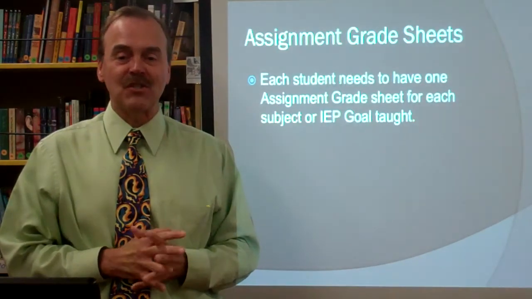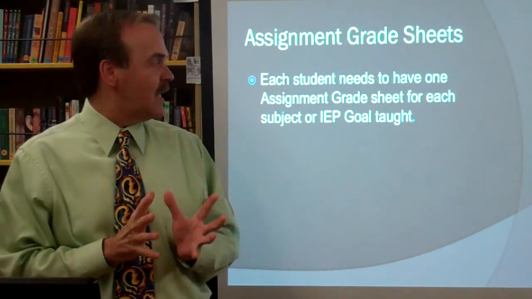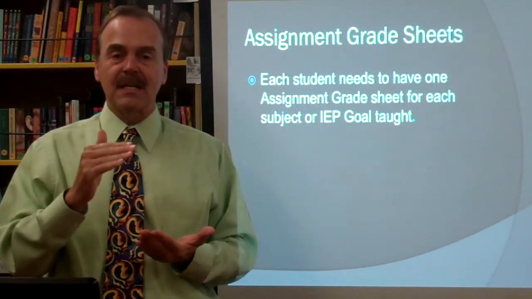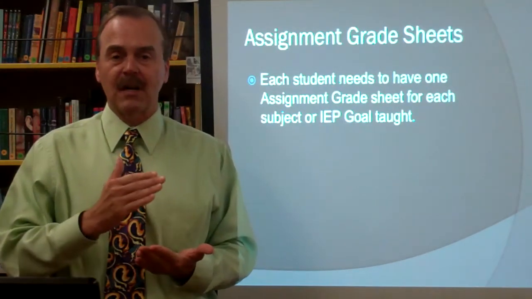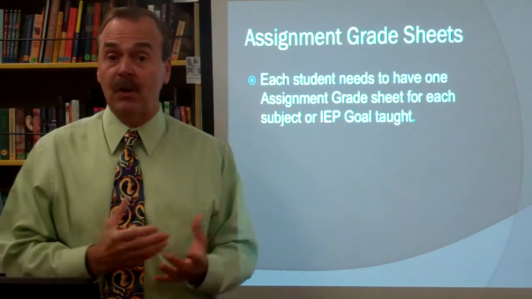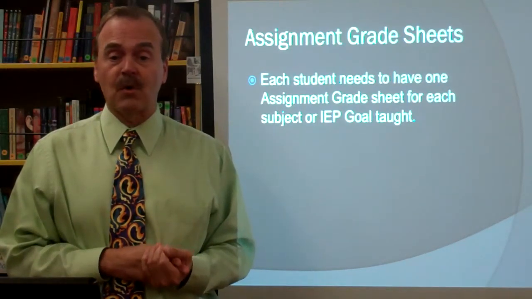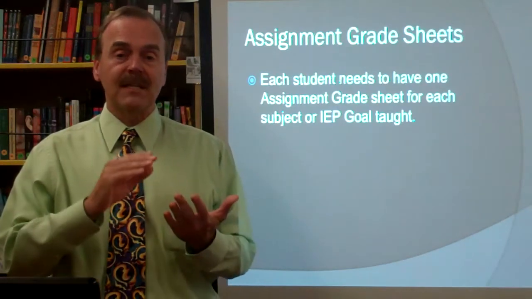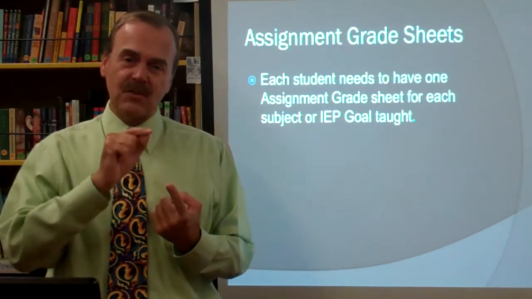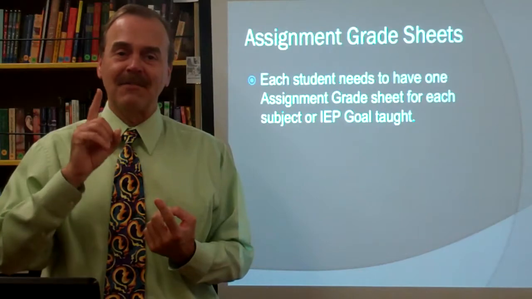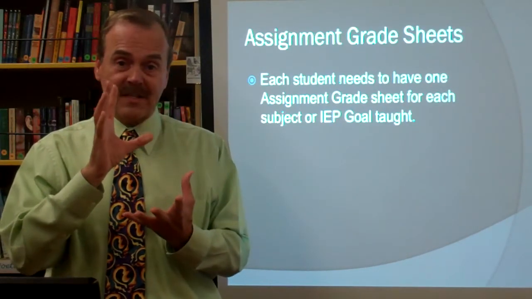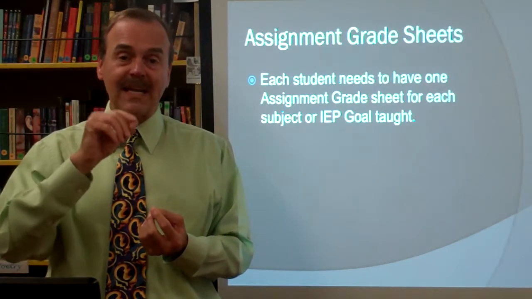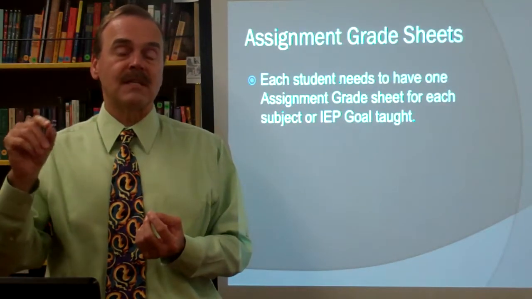Okay, assignment grade sheets. Basically, the assignment grade sheet is the documentation of your grade book, and what it is that you work with the student on. The important thing here is that each student needs to have at least one assignment grade sheet for each subject that the student is in.